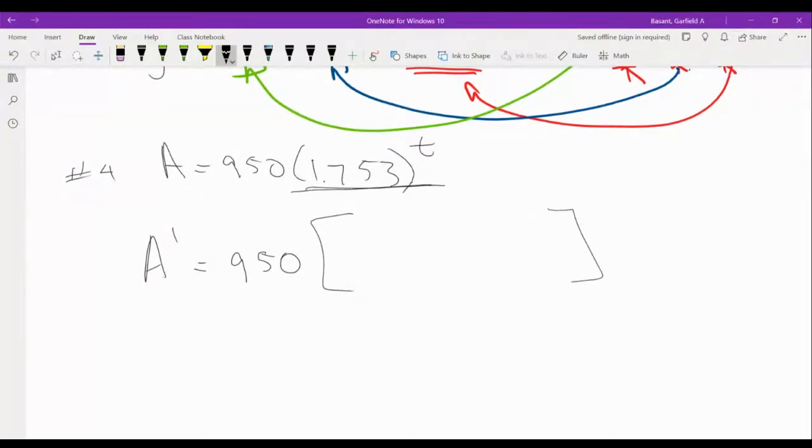Louis, you're probably looking at your problem, right? Not the one we have on here, because your numbers are a little different. But you have the right answer. So it's 950 times the ln of 1.753 times the original function, which is 1.753 to the t power.